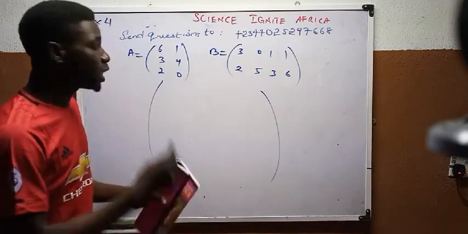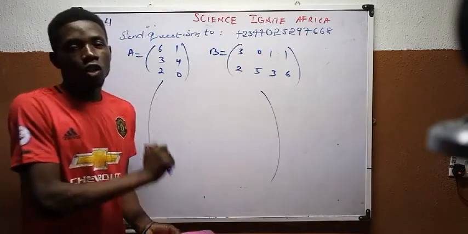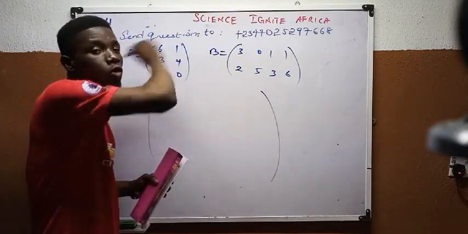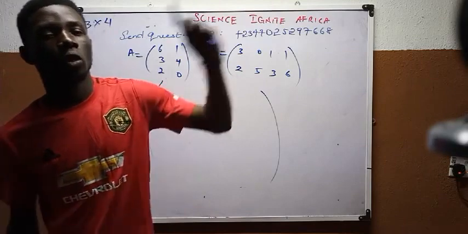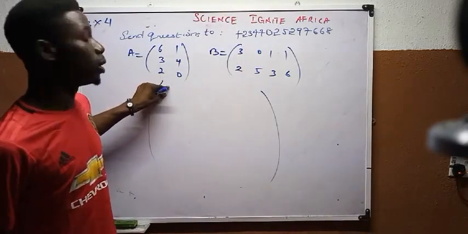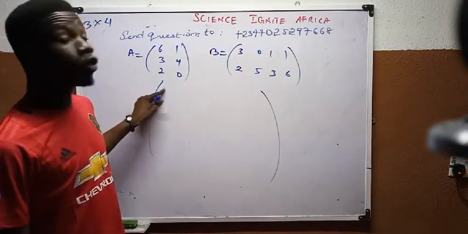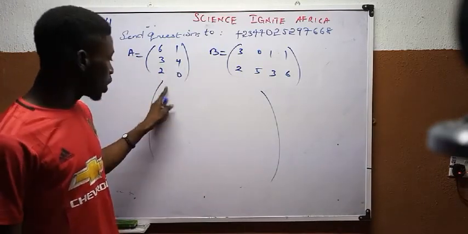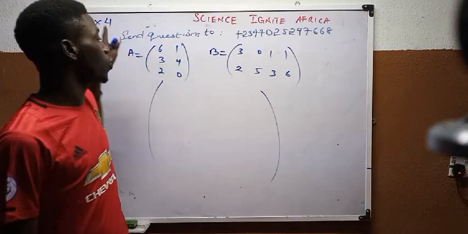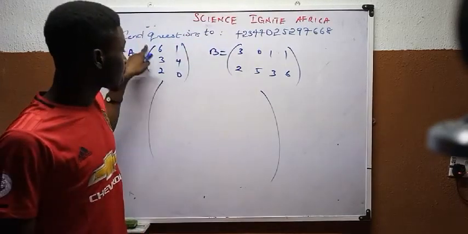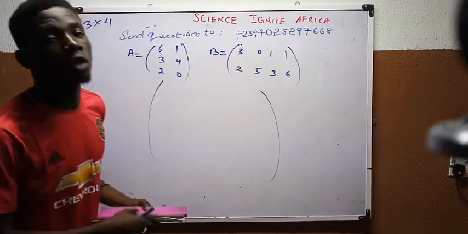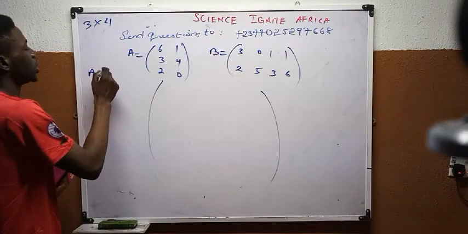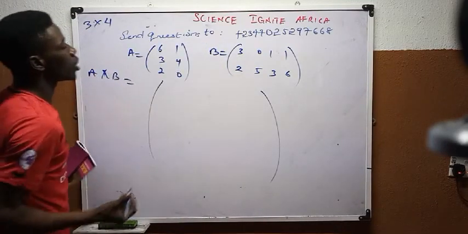Now, row 1, column 1 implies that you will take everything in row 1 to multiply column 1, because the only element that belongs here is the element that belongs to row 1, column 1. Then what will give you that element is multiplication of row 1 of the first matrix with column 1 of the second one I want to multiply. So A times B is what we are doing.